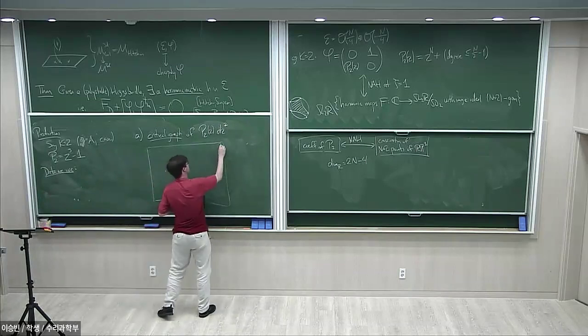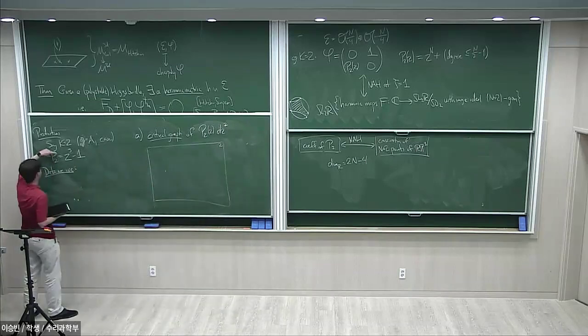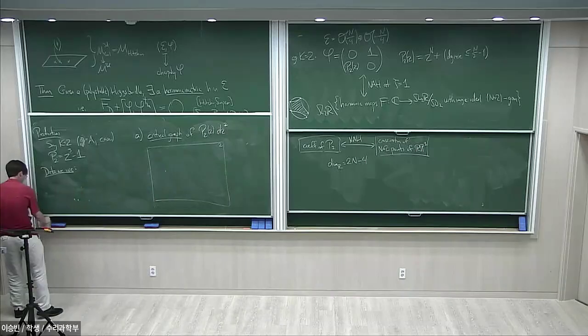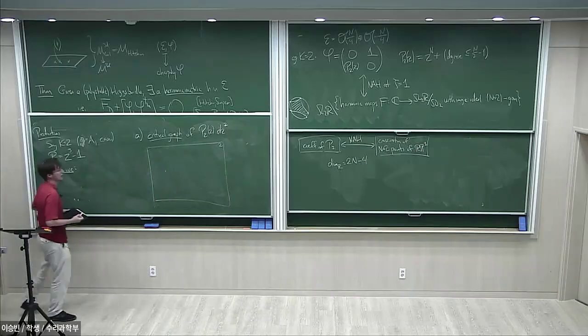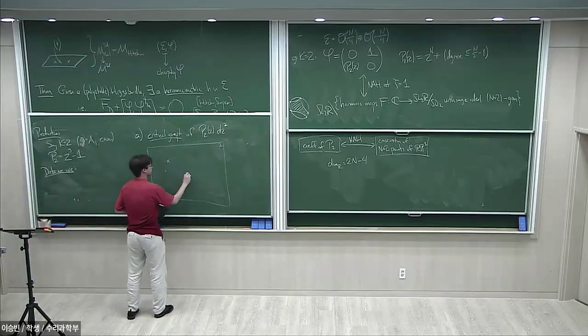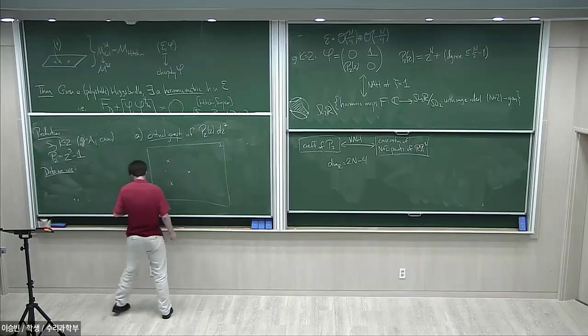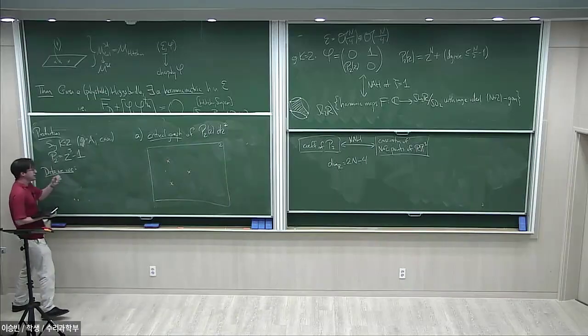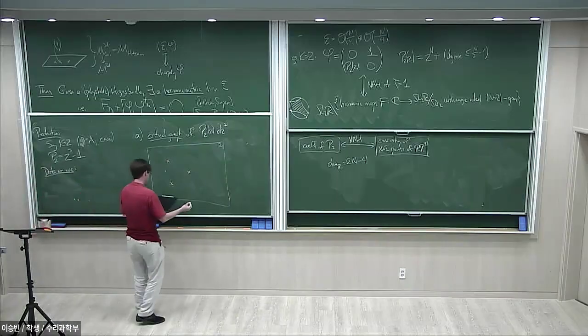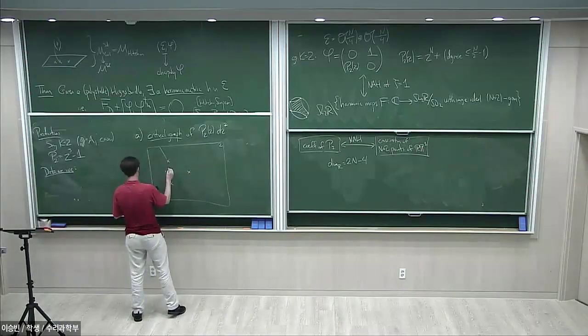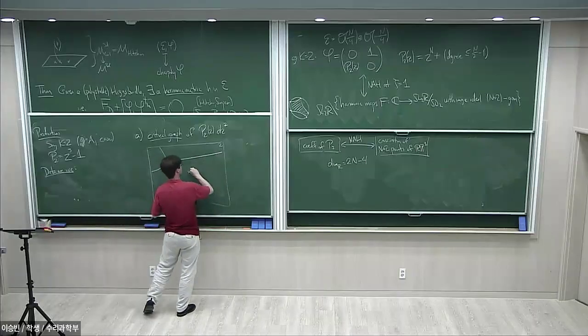So here's the z-plane. I mark the zeros of this quadratic differential. And then from each zero, I draw 3 trajectories emanating.